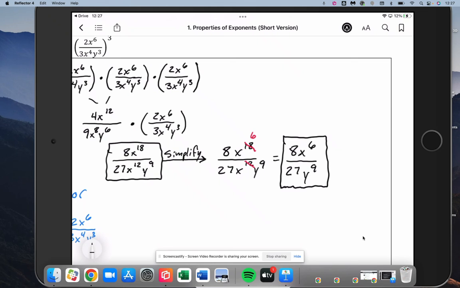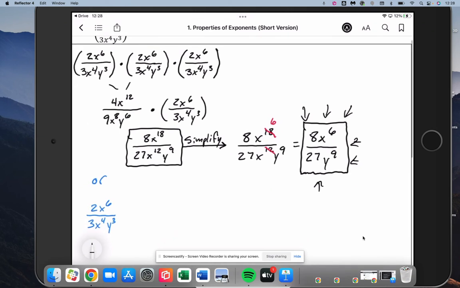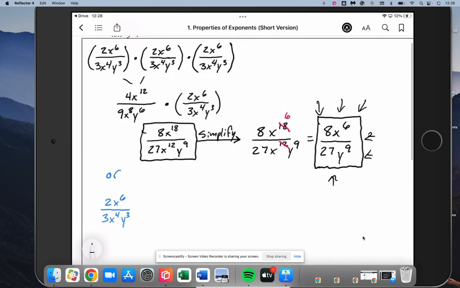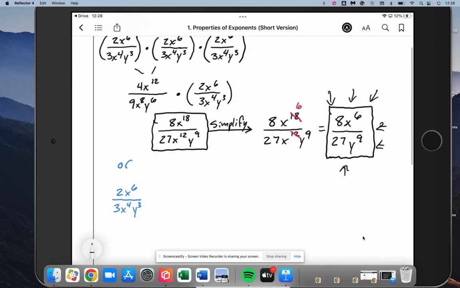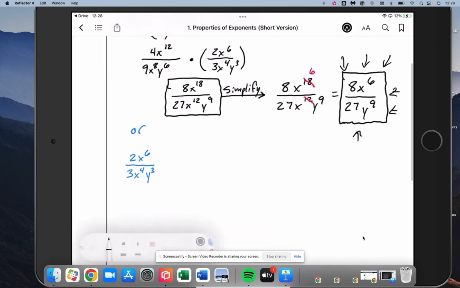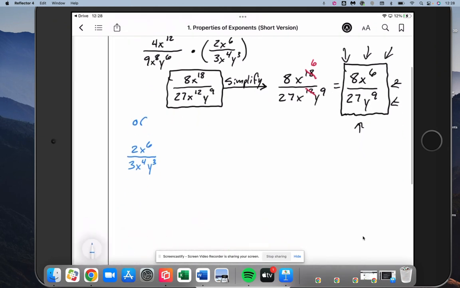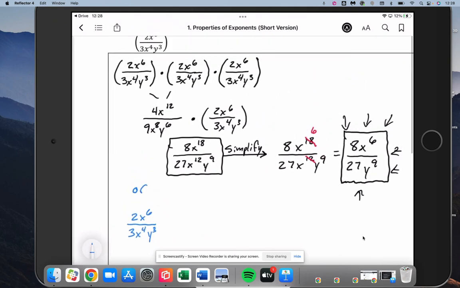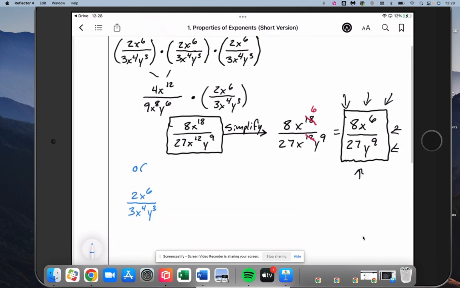But this right here is the answer that Alex would want, I'm sure. So there we go. Both of those answers in the box are technically correct. It's just that the one with the arrows pointing to it is simplified to what we would call lowest terms. So going back to the alternative way of doing this, we have all this fun stuff raised to the power of 3.